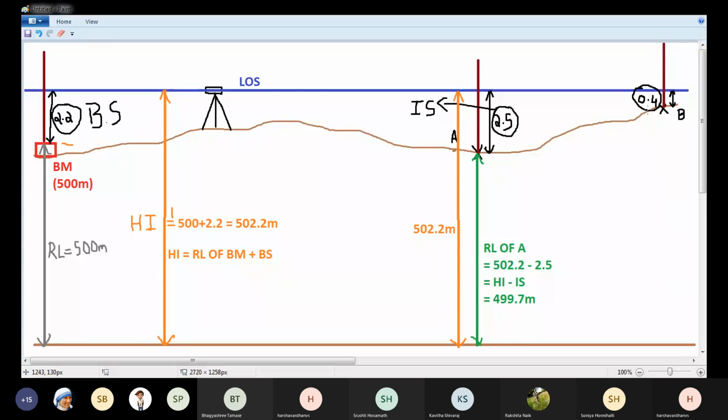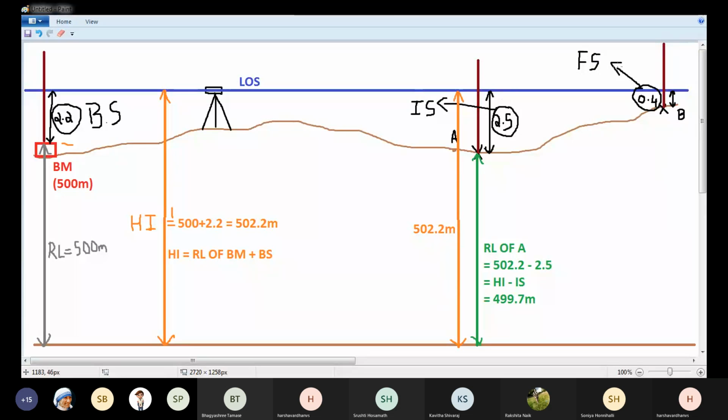So this particular staff reading of 0.4, which is taken on a point whose elevation is unknown, is called foresight. In short, it is written as FS. So please know the difference between intermediate sight and foresight.